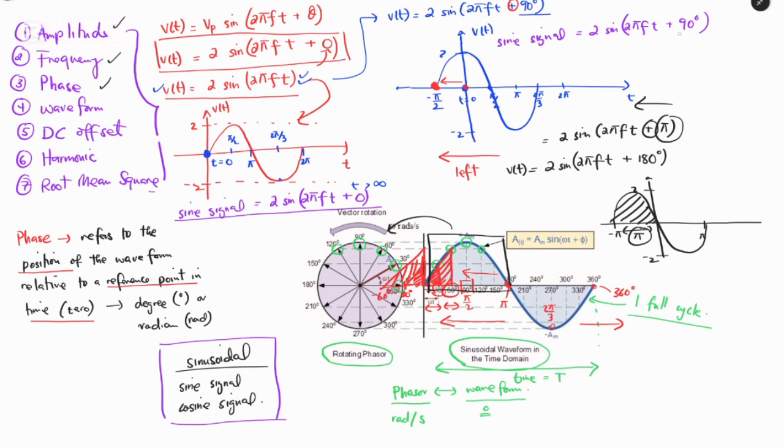Now this sine signal with a phase shift of 90 degrees is equivalent to a cosine signal.